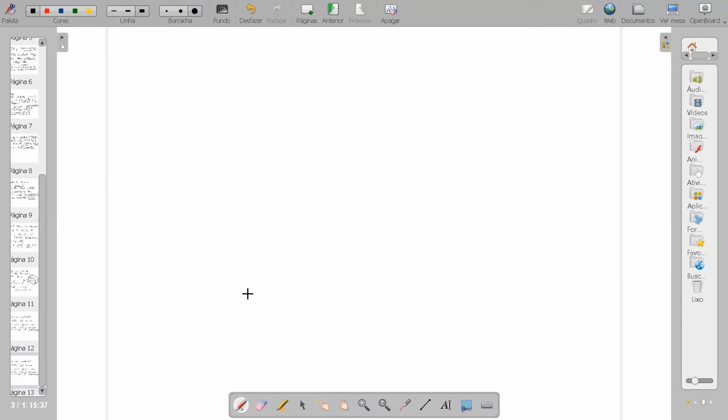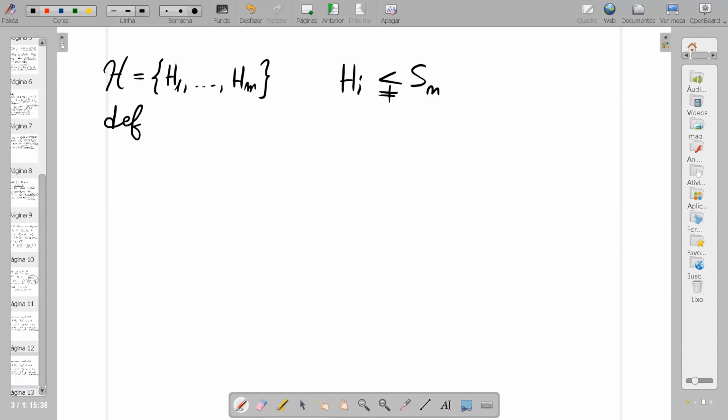So let's say that you have some family of subgroups, H1, ..., Hn, where each Hi is a proper subgroup of Sn, and this is called definitely unbeatable on pi, which is a subset of Sn.